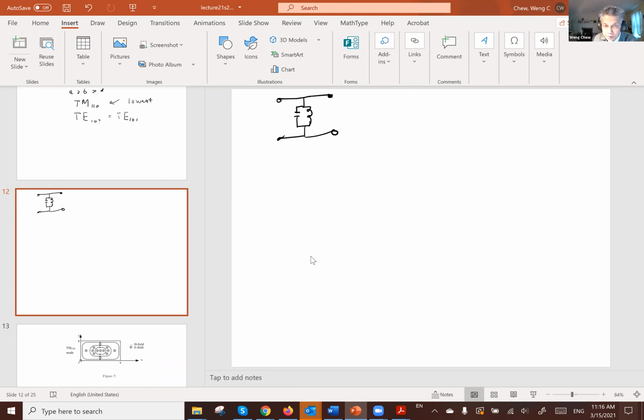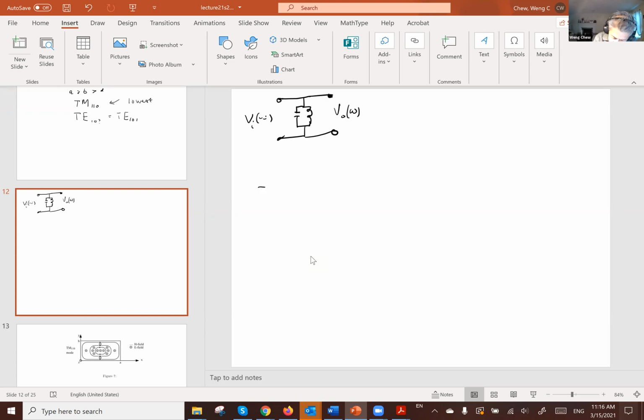It's called a one-pole filter. That is, if you have a voltage input here, and then you have a voltage output there, you can see that at the resonant frequency of the resonator, you have the maximum voltage transfer between input and output.